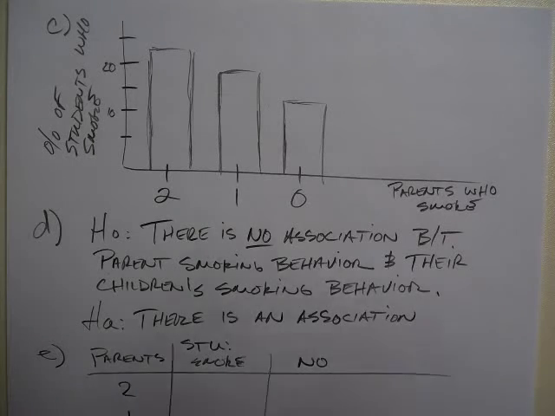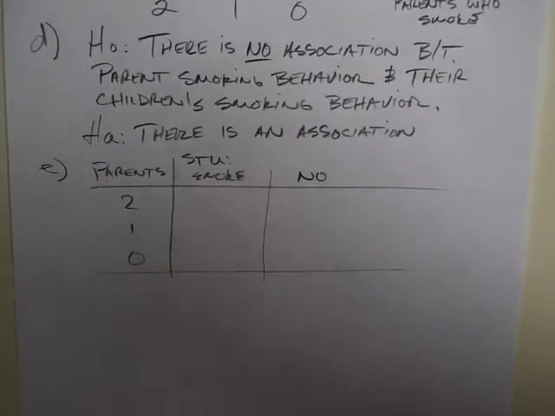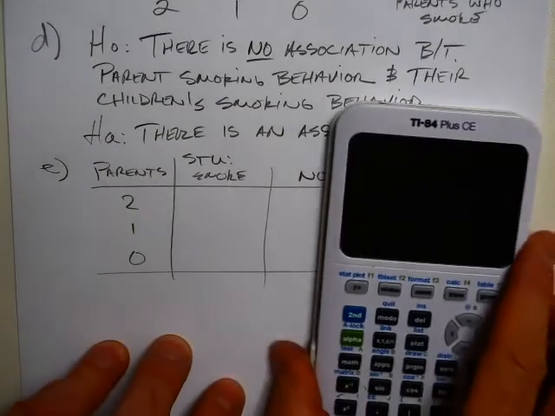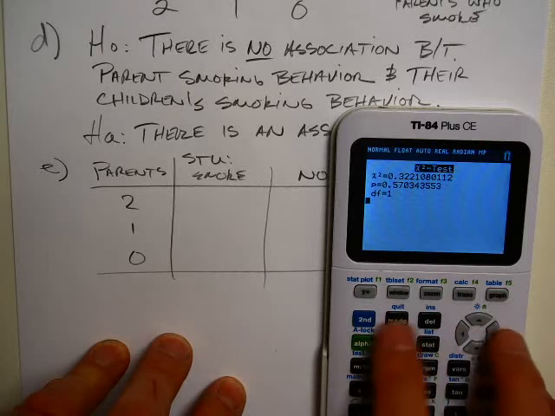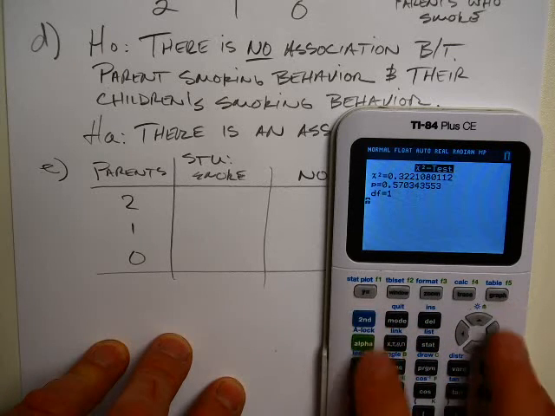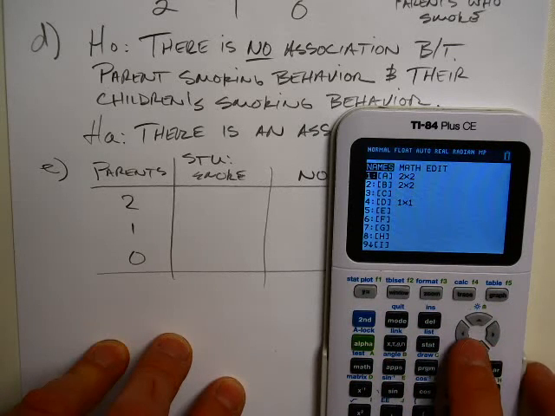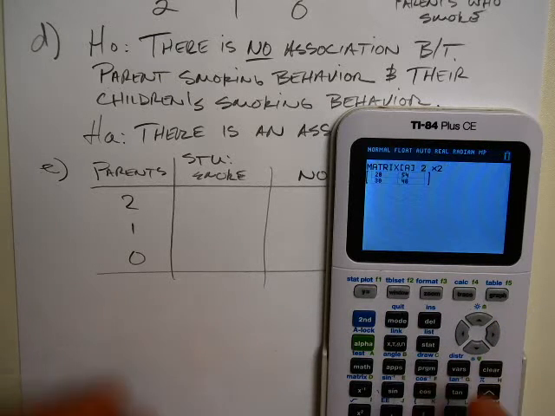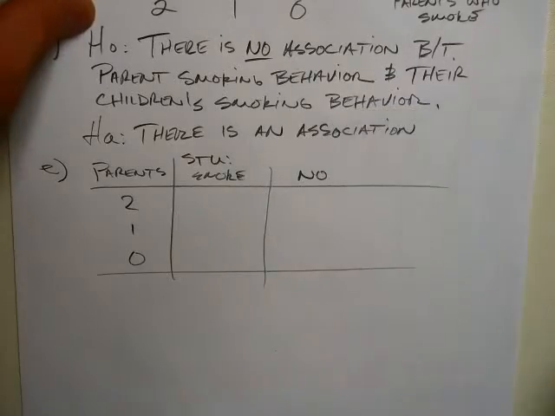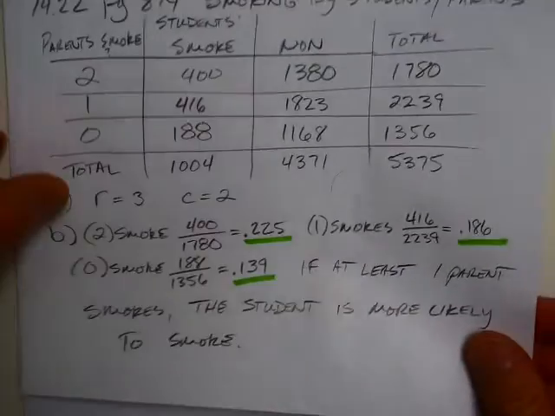Okay, the easiest way to get this, if I'm not mistaken, didn't we put the data in already? Did we? Maybe we didn't. No, we didn't. Okay, so I need to go back to the first page. There we go.